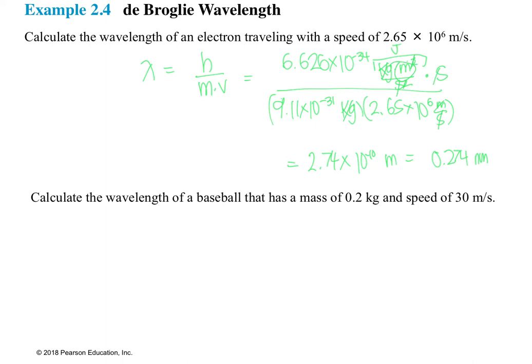Now on this next problem, we're going to calculate the wavelength of a baseball that is being thrown at 30 meters per second. So we're going to use the same equation, wavelength equals Planck's constant over mass times velocity.